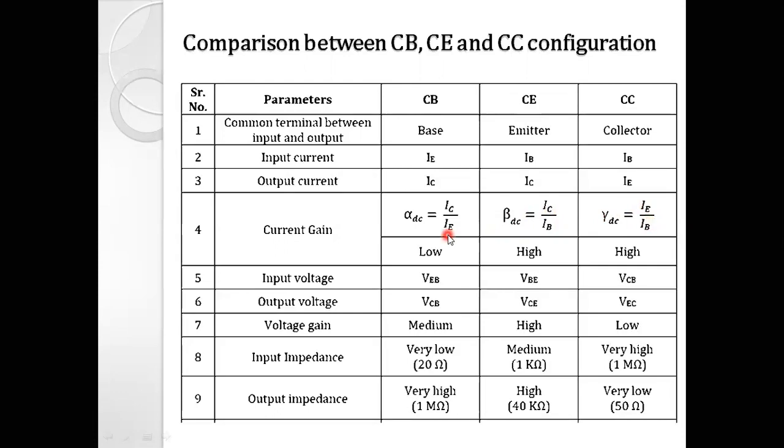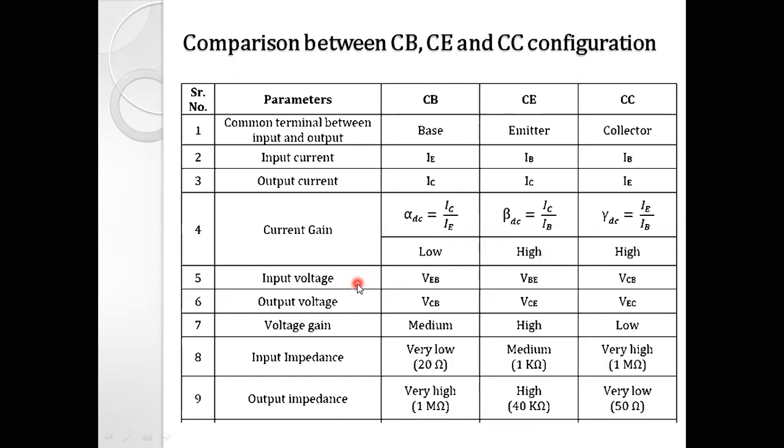What is the typical value of the current gain for each of these configurations? For common base configuration, the current gain is very low. In common emitter configuration, the current gain is comparatively higher than the common base configuration. Even in the common collector configuration, the current gain is high, right?